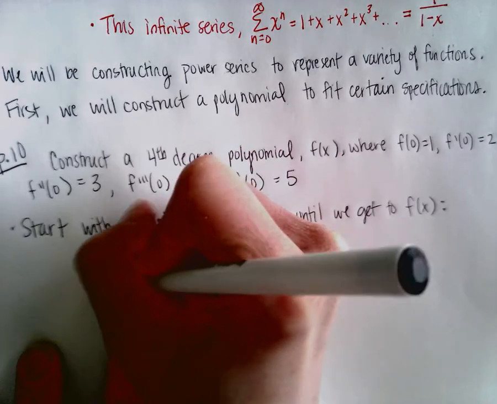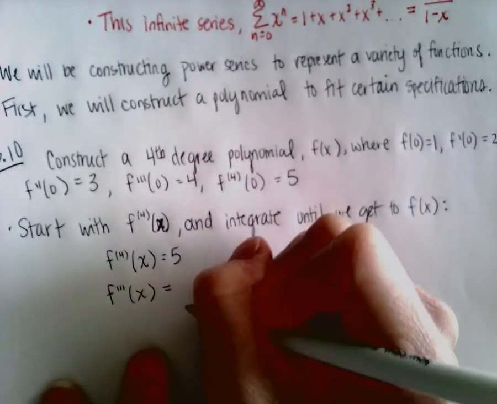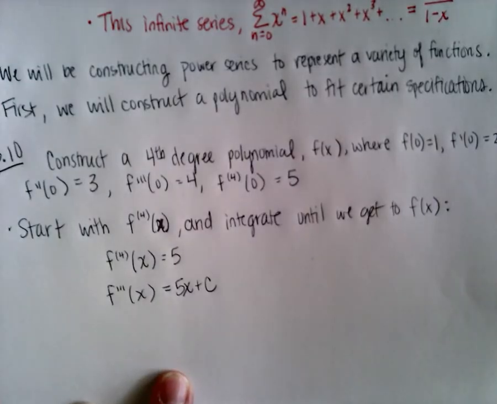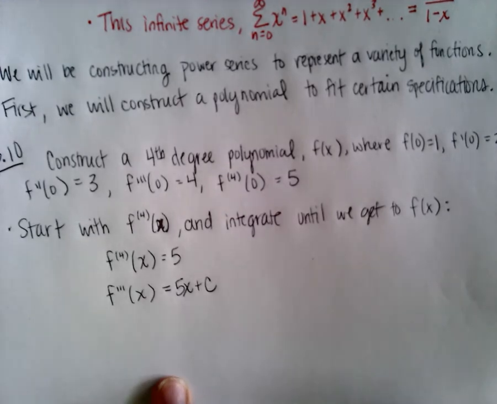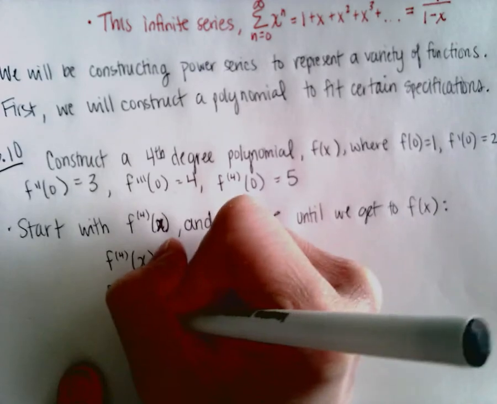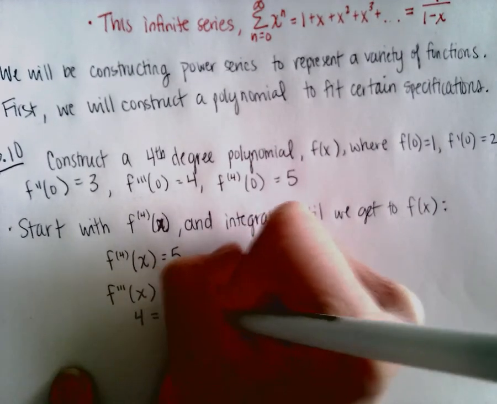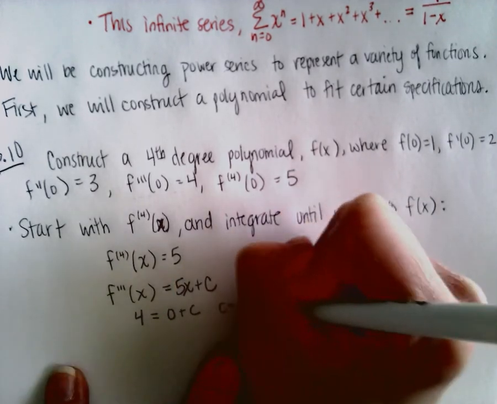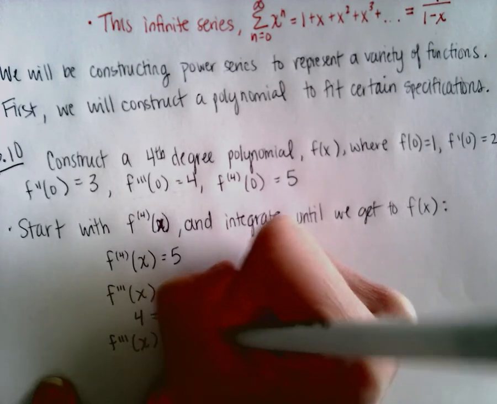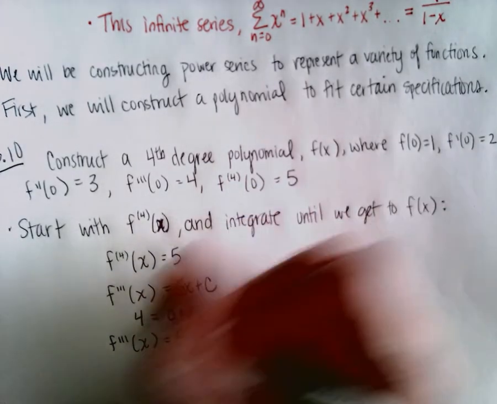To get to the third derivative, f triple prime, we would integrate this. So the integral of 5 is 5x plus c, right? So this is where we'll use our third derivative, plug that in to solve for c. If I plug in the 4 for y and the 0 for x, I end up getting c equals 4. So my third derivative is 5x plus 4. Now I integrate again to get f double prime.